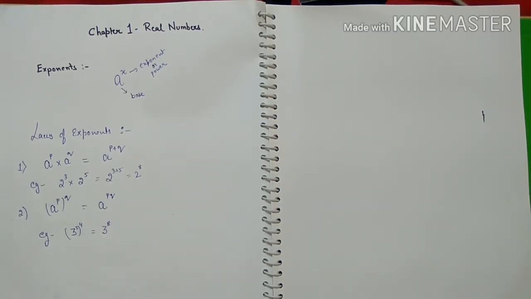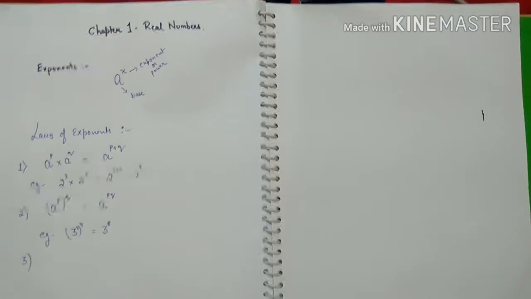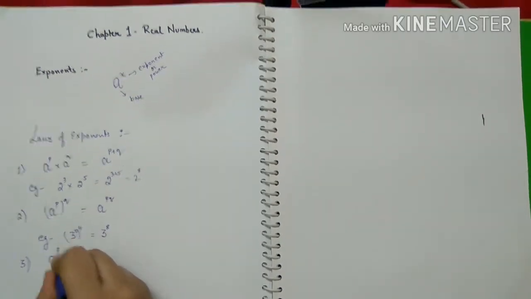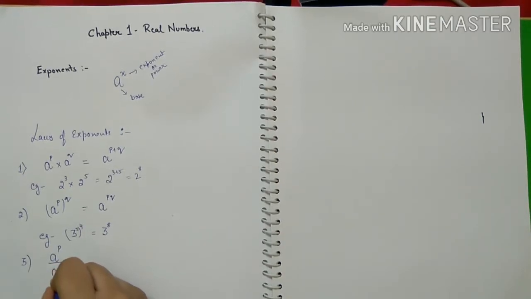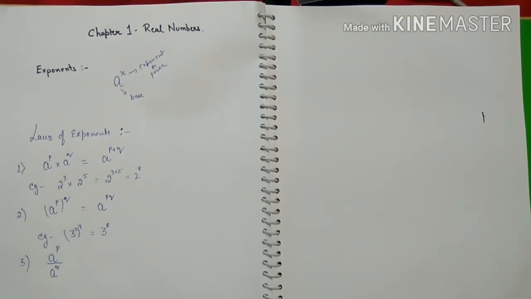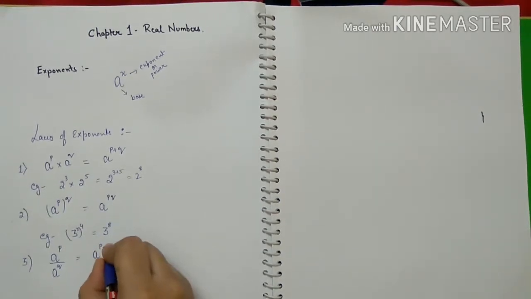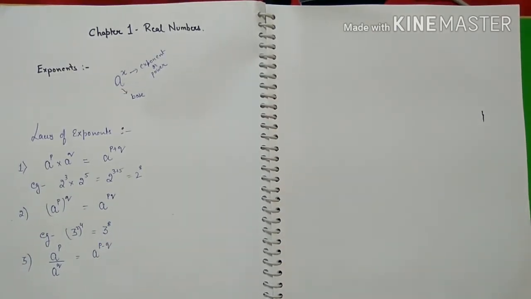Our third law of exponent is the division rule: if a raised to power p is divided by the same base but with a different power, then it can be written as a raised to power p minus q. Now the first law and the third law are the simple multiplication and division rules.